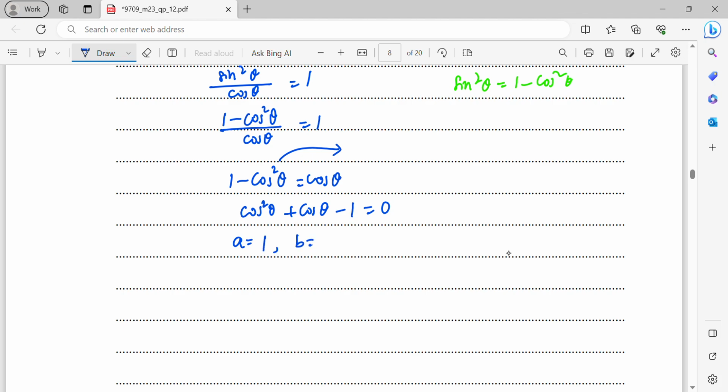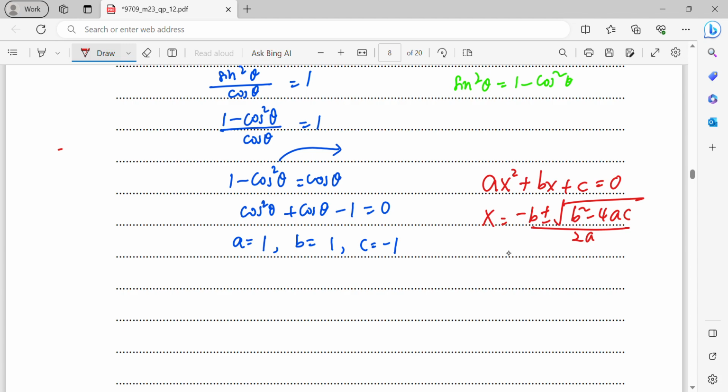The b is the coefficient of cos theta, which is 1. The c is going to be minus 1. For your information, the quadratic formula: for ax squared plus bx plus c equals 0, x is minus b plus minus square root of b squared minus 4ac, over 2a. That is the reason I have written down the a, b, c values.